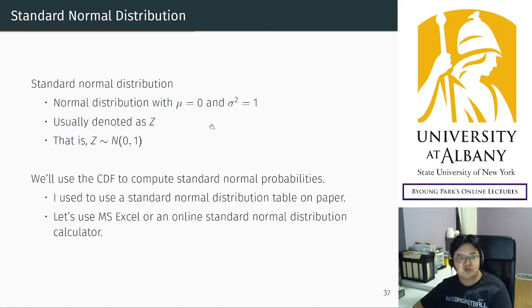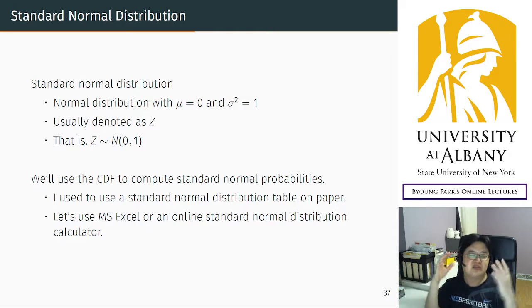And the second way to handle the second problem is that we are going to fix the parameters at 0 and 1. Different parameters will yield different probabilities, but for a while, I'm going to consider these standard values, 0 and 1, the simplest possible values. So we are going to call this the standard normal distribution.